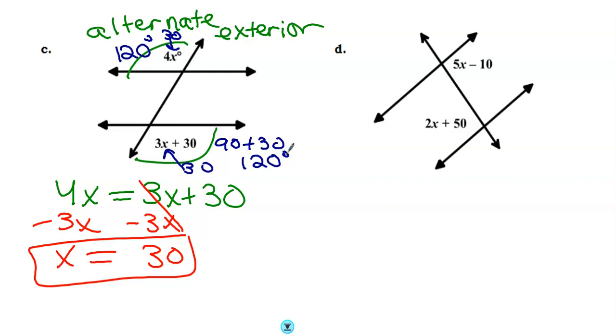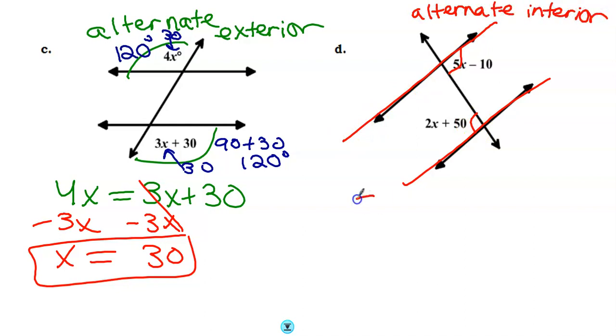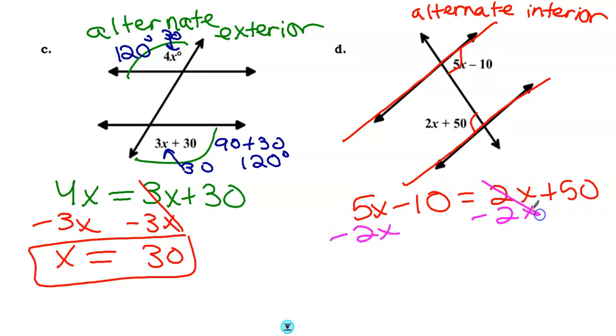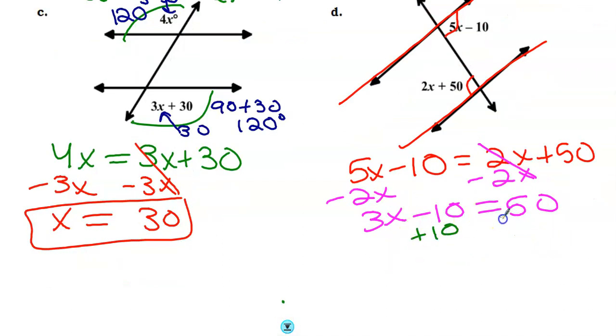So these are alternate interior. Now let's get our x's together. I subtracted 2x, added 10 to the right, and now I'm dividing.